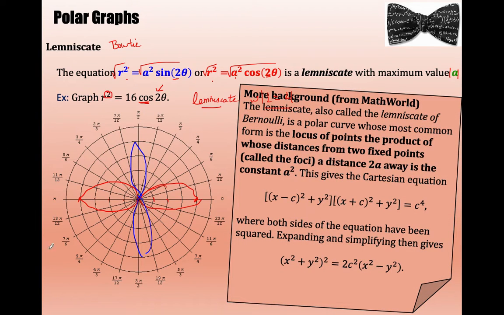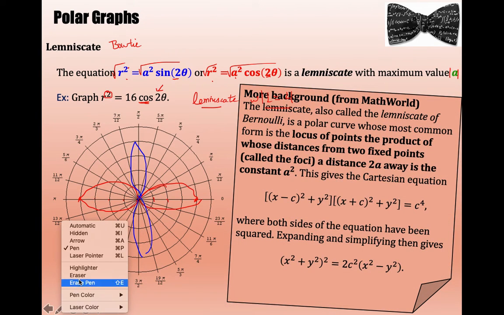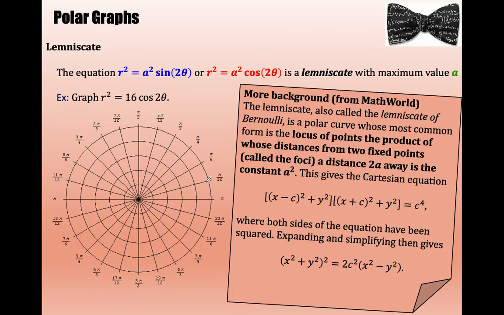So just a little bit more about lemniscates. They are cool. Bernoulli is the one that discovered it, I guess you could say, or made it famous. If you remember locus of points from last year, what a locus of points means, when we described ellipses and hyperbolas as a locus of points.